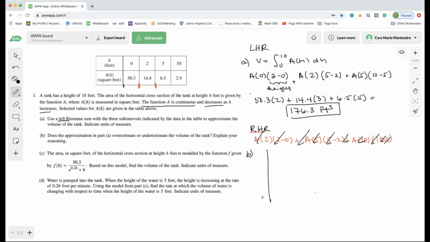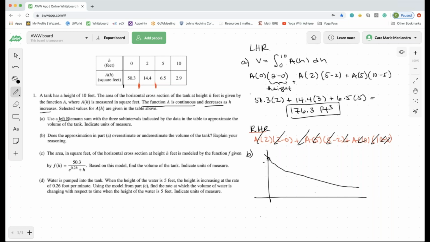So if you're not sure, you can always try and draw it out, right? So let me go ahead and just draw a function that kind of looks like it might be decreasing. All right, and then let's figure out what our Riemann sum might look like. Never hurts to draw a picture. So let's say that that is a of 0.